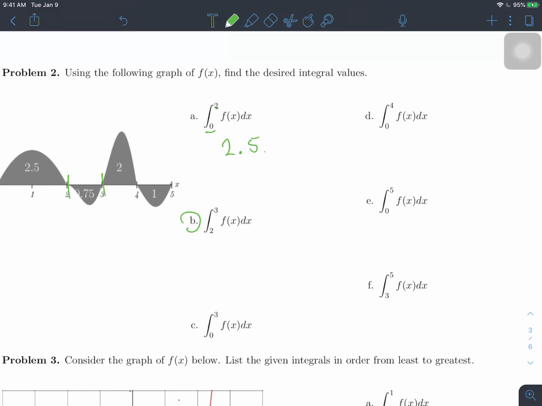So what should I get for the integral from 2 to 3 of f of x dx? Kevin? Negative 0.75. Yeah, just negative 0.75.